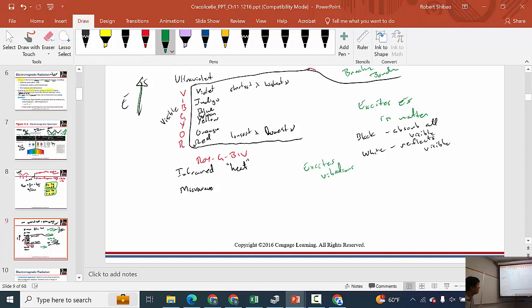What microwaves can do is cause rotations of small molecules, like water. And so infrared will get vibrations, microwave will get rotations of small molecules, like water.